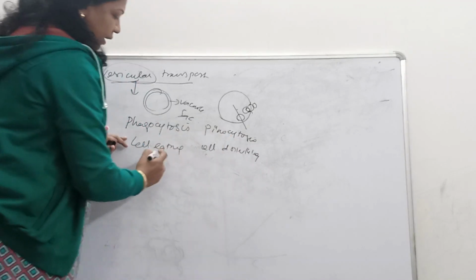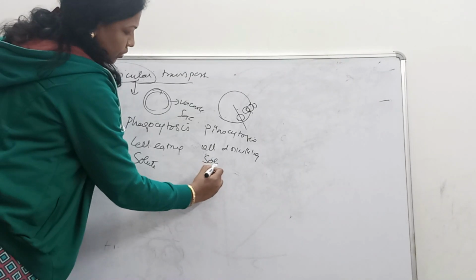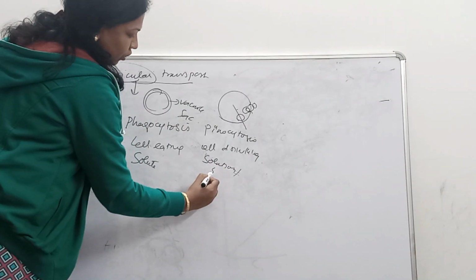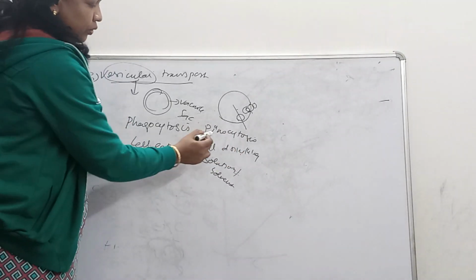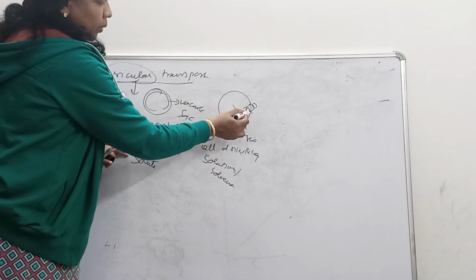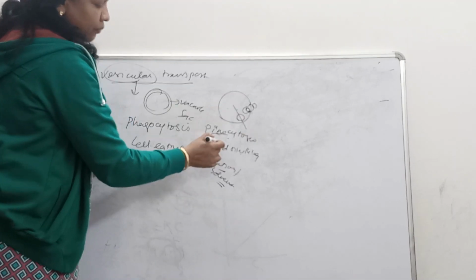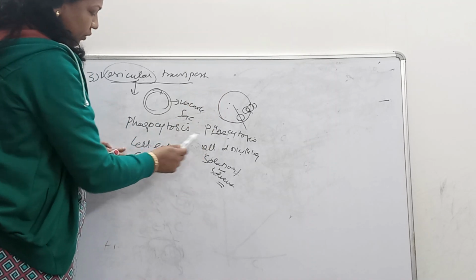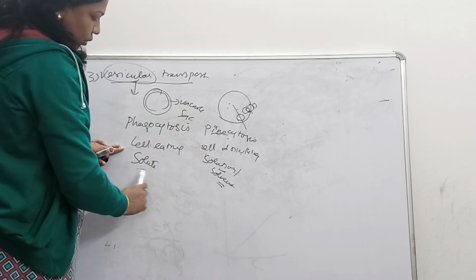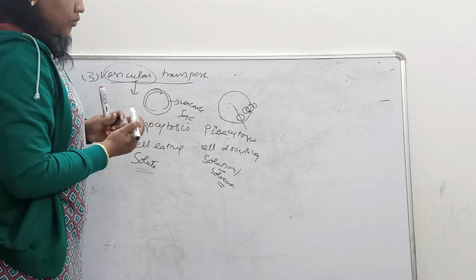That means where we eat solute, whereas the solution or the solvent molecules will be drunk. So pinocytosis is the engulfment of solution or solvent into the cell, and engulfment of solute drug molecules into the cell is phagocytosis.